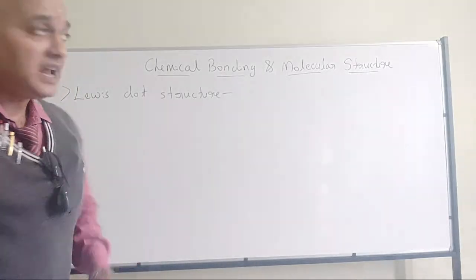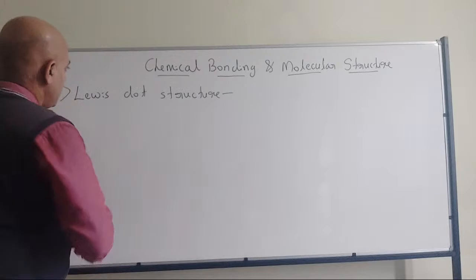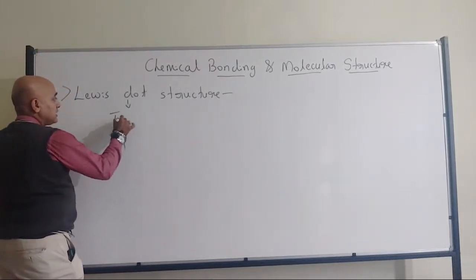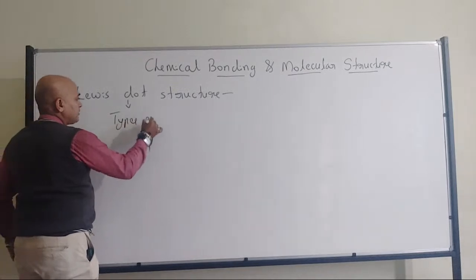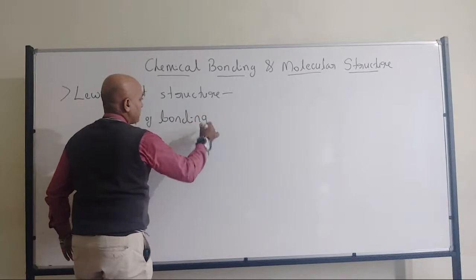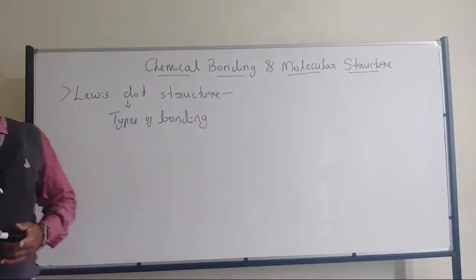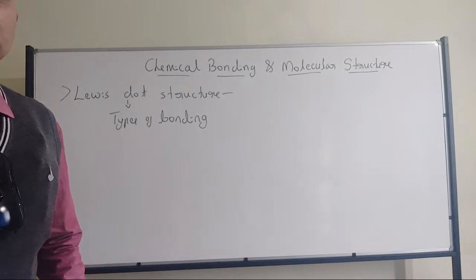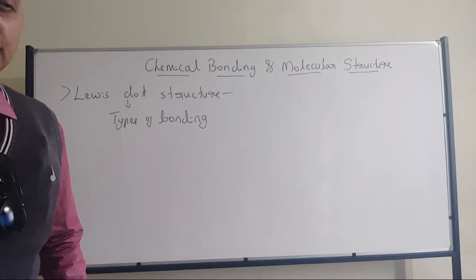So when I am talking about Lewis dot structure, it gives the information about types of bonding. Okay, so that's where Lewis dot structure comes into the picture.